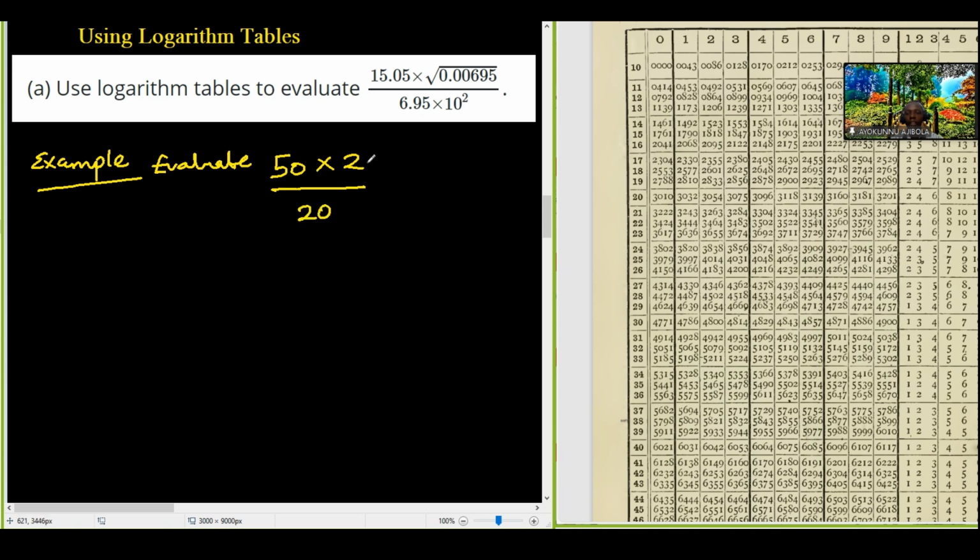Now 50 times 2 is 100. And 100 divided by 20, our answer is supposed to be 5. Yes or no?